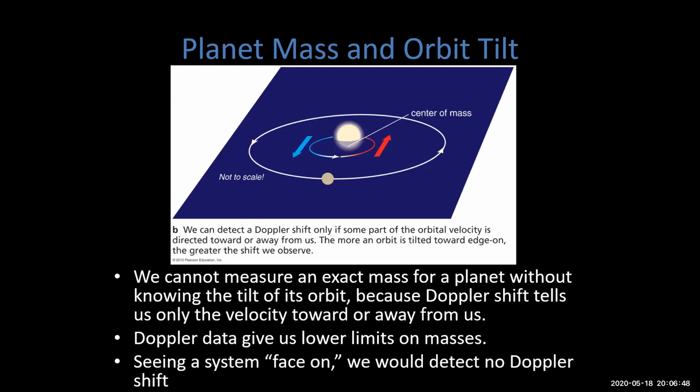One problem with this detection method is that we only get the minimum mass of the planet. We can't get the exact mass. And the reason is that we don't know the inclination of the planet around the star. So what we're measuring is the effect as if it were straight on with us. What I mean by straight on is that the planet's orbit plane goes through the star's equator, so that everything is in a perfect line.